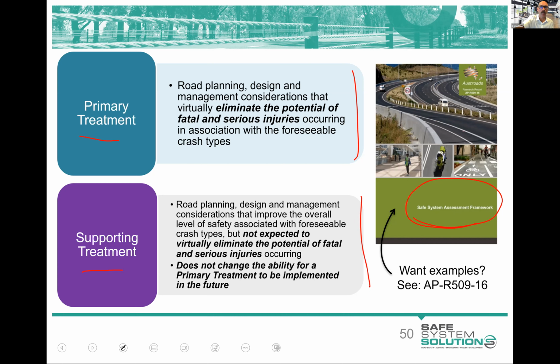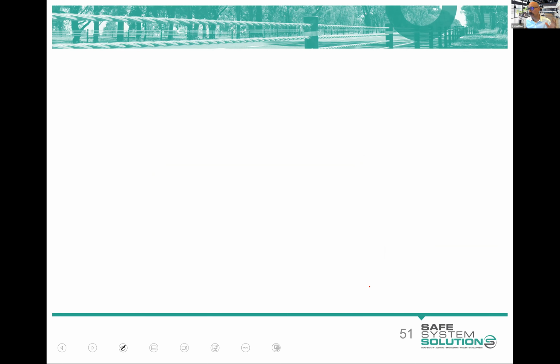Supporting are things that we don't think will virtually eliminate the potential, but do reduce the risk. So let me go through one example, and then if you've got confusions, I'll do another example, and I'm happy to keep going on this until you start to get your head around it. Okay, here we go.